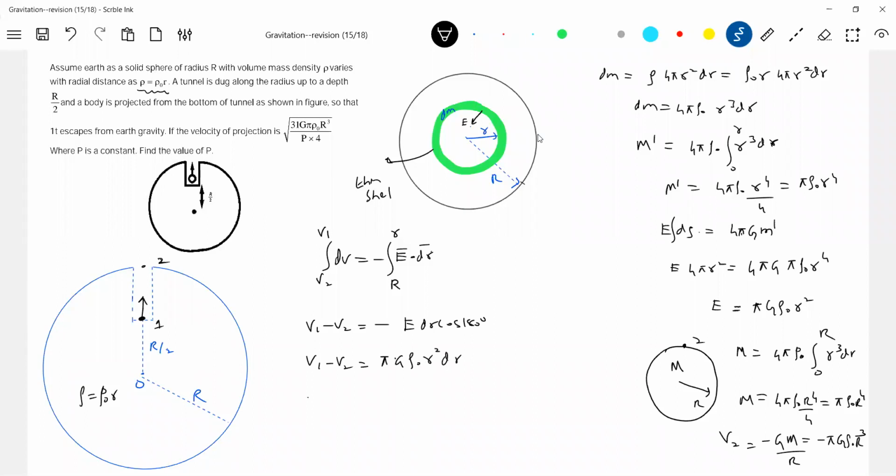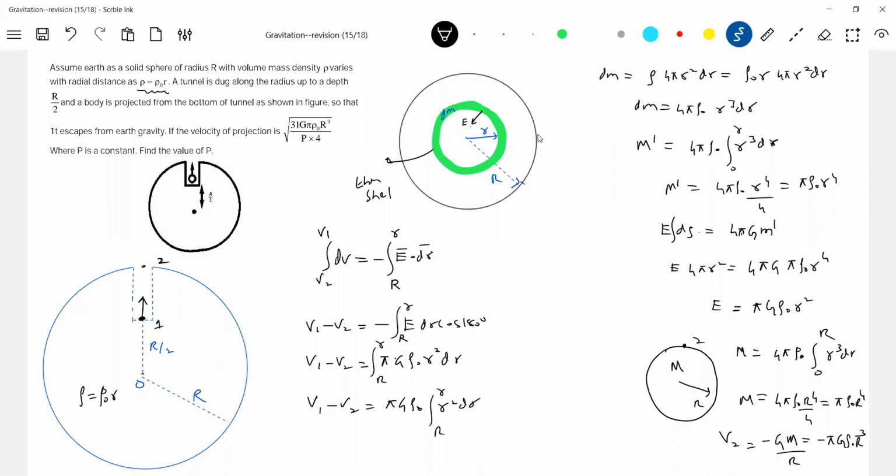We know the potential at point 2. I'll substitute later on, that is the limit then. Okay, fine. So like this, I'll calculate the potential at point 1 using this formula. Now what is smaller r? Smaller r should be equal to R by 2.